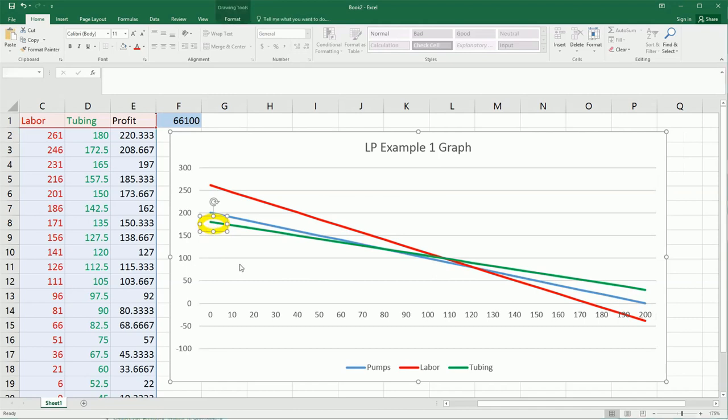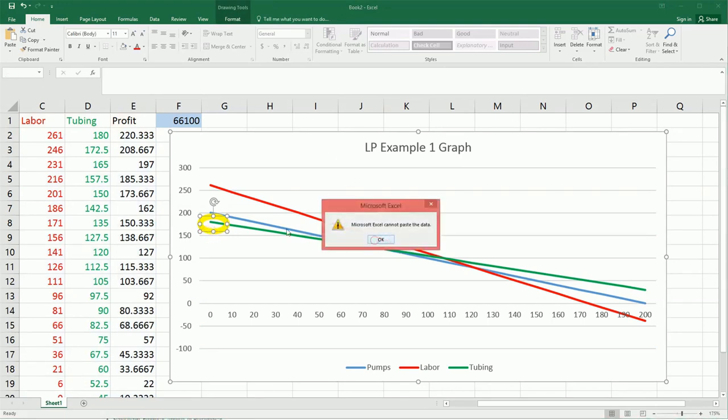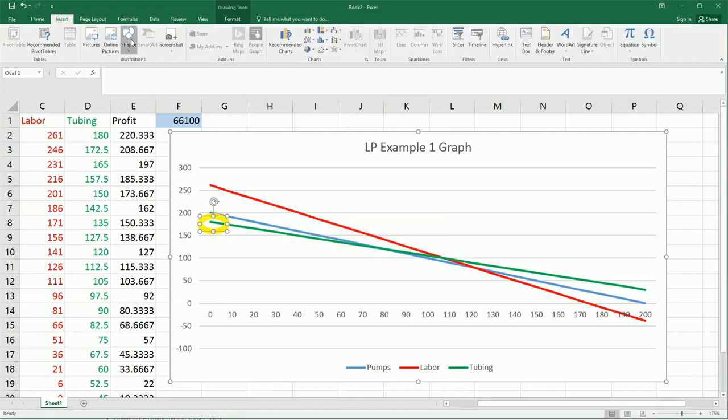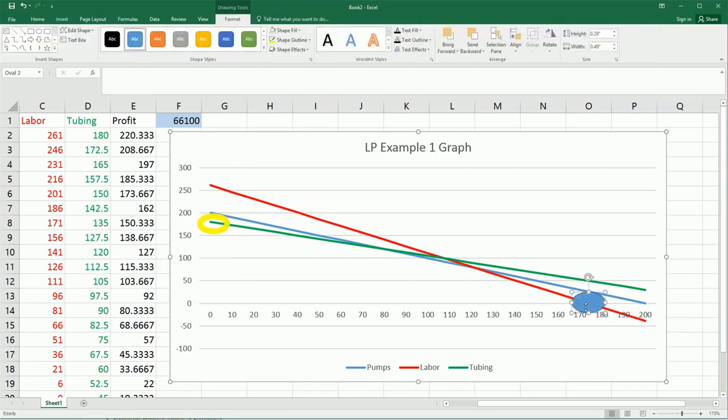Another possible solution, I'm sorry, I'm trying to copy paste. We'll just insert another shape over here. Another possible solution is right over here. We won't format this since that's a problem. The extreme point theorem says that right over there is another possible solution.